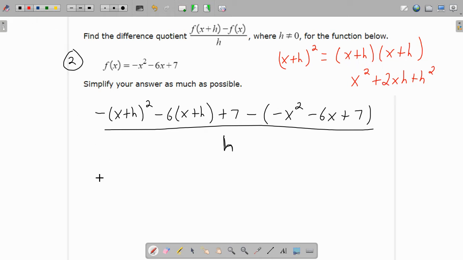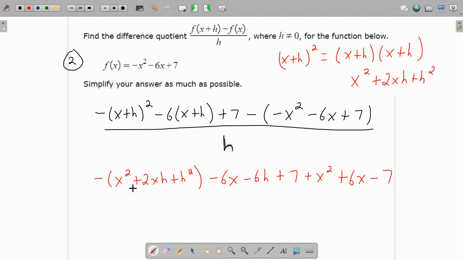All right, so our next step, we get a negative. You can do this in one step if you want. I'm going to do it in a couple steps. So that's the x plus h squared. Now distribute the minus 6: minus 6x minus 6h plus 7. And distribute the negative 1: plus x squared plus 6x minus 7.